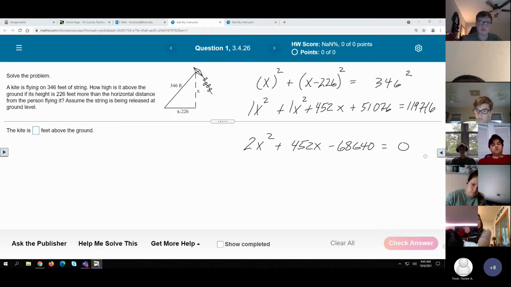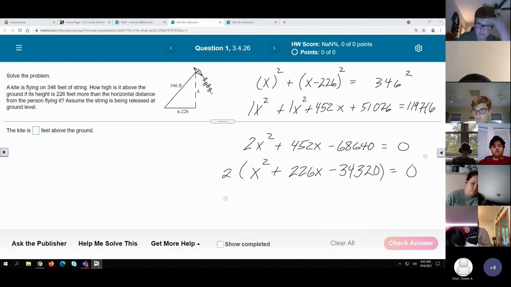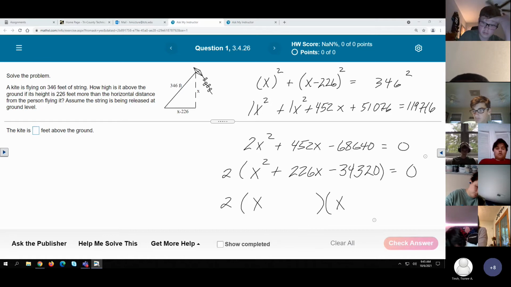Okay, check my math, but I believe we can factor out a 2. X squared plus 226x minus 34,320. Somebody check my math. That's right. And I have no idea what this is going to go to. 2 and x and x.